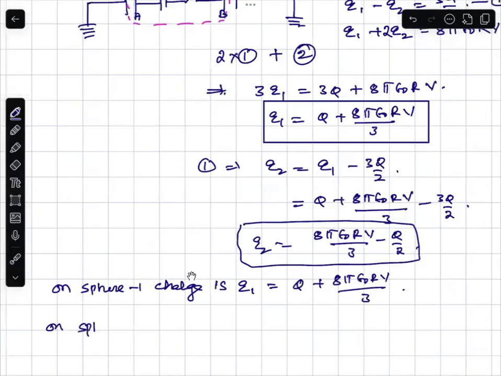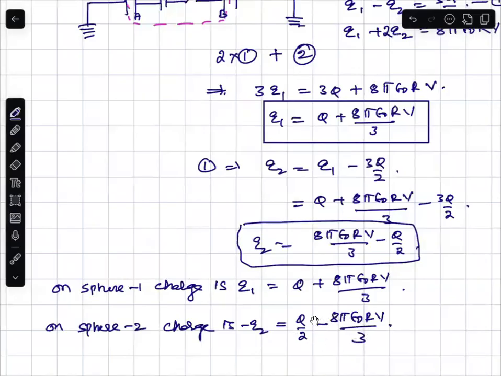On sphere 2, the charge is, here we will make a mistake. If you write Q2, it's wrong; it is minus Q2. So this will become Q by 2 minus 8 pi epsilon naught RV by 3. Remember, here you may make a mistake. I am telling you where you might make a mistake. But if you say in the exam that you have made a silly mistake, that is not at all acceptable.